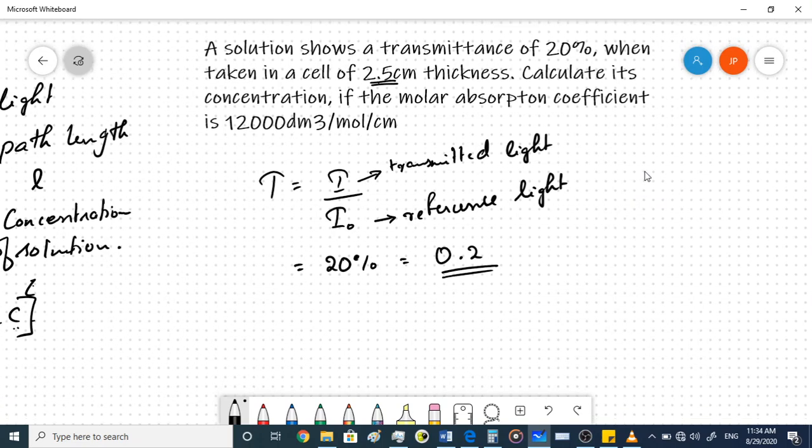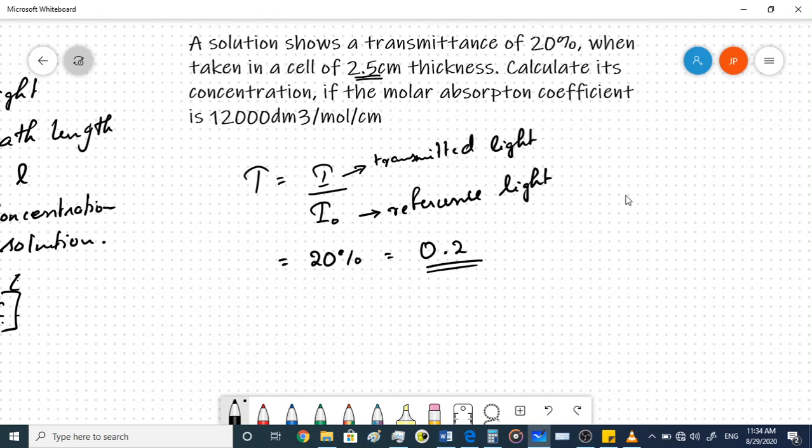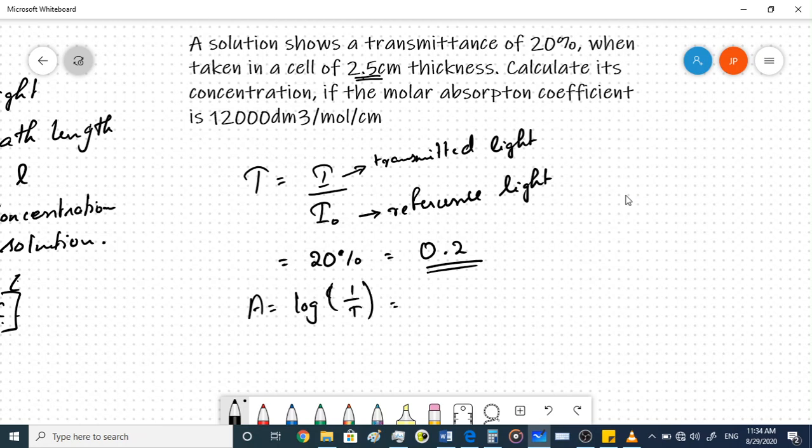The absorption coefficient is also given in this question. So first let's find out the absorbance in this case. Absorbance A is given as log 1 by T, which can be written as log 1 by 0.2, which is log 5 to the base 10.